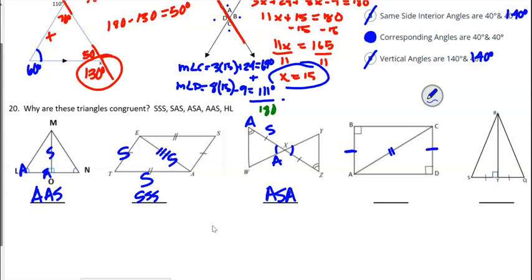So that's my bad. So this is going to be HL. Why? Because that's our H right there, and this is our leg, right? And it's right triangles. So this one, again, we have a shared side, right? So this is going to be side, angle, side.